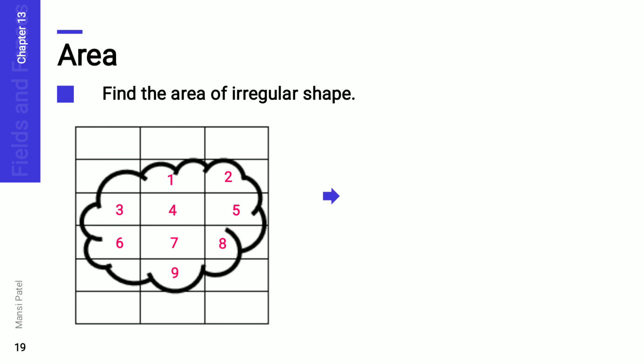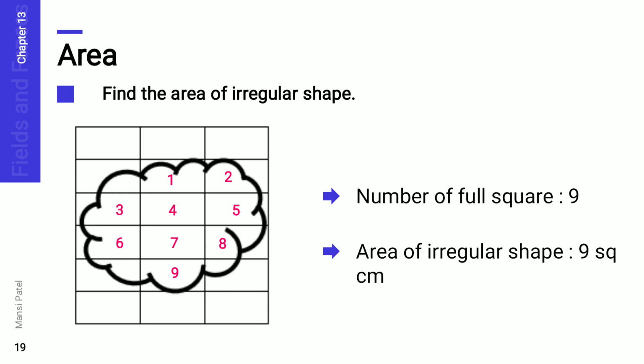So how many full squares are there? 9 full squares are there. So what is the total area of this cloud? That is 9 square centimeter. We have to just cut all this portion because it occupies less than half.